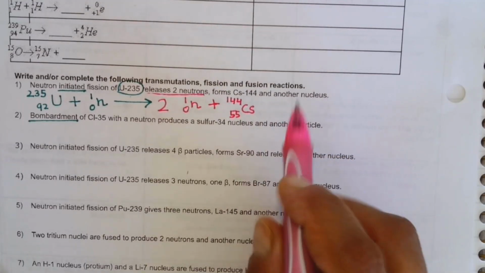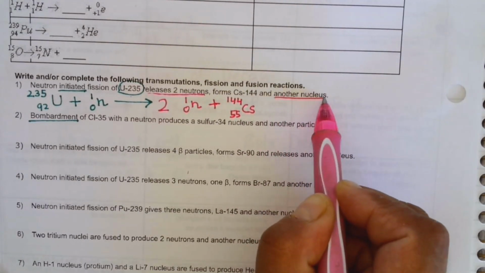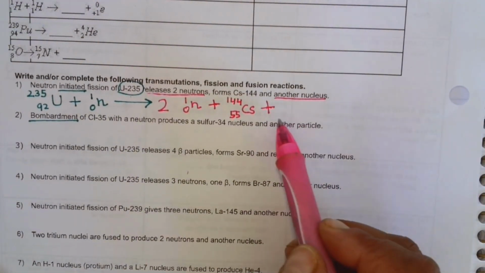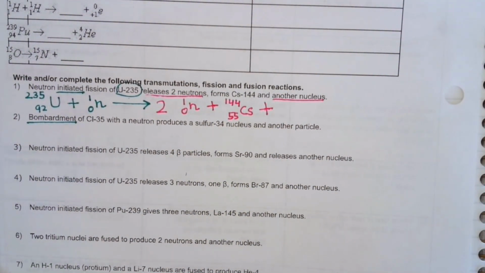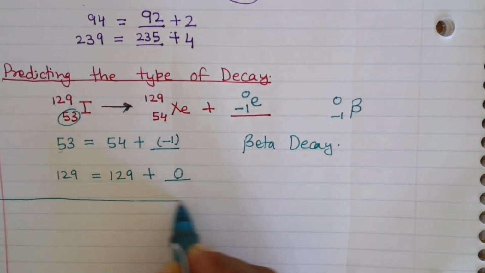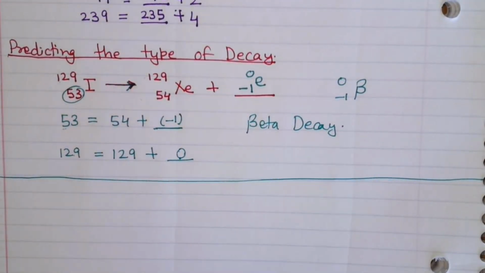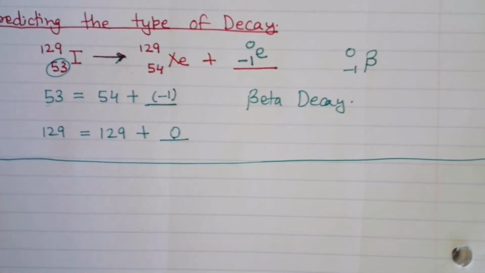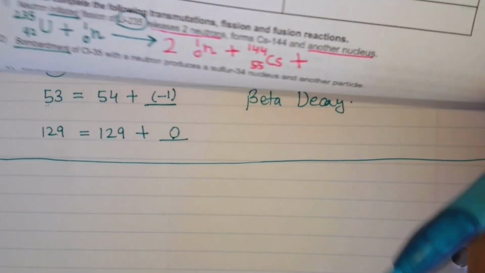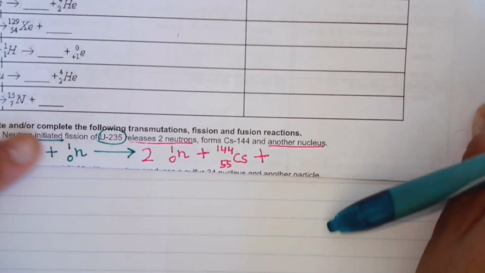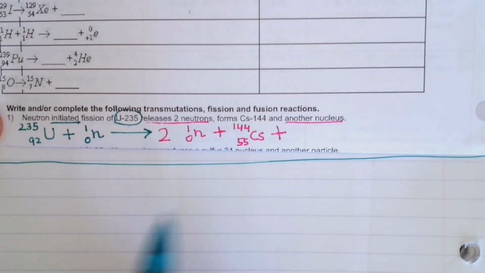Now next, you have to figure out what was the other daughter nucleus that was emitted, right? So you have to predict the other particle. So what we do is, we're going to do the math, right? So let's do this here on a piece of paper. Now look, let's add the mass numbers.